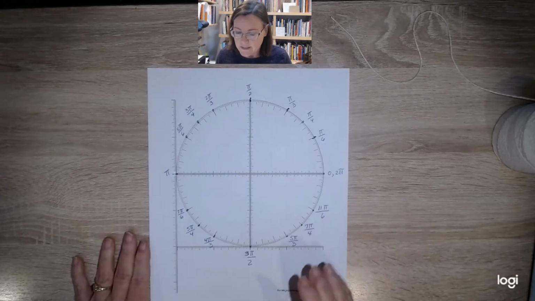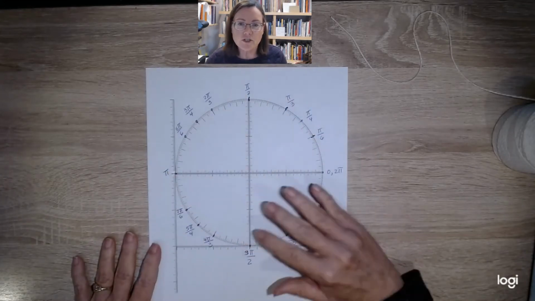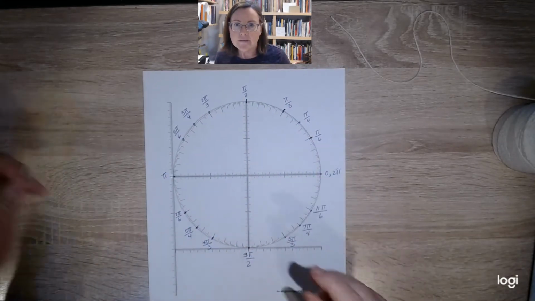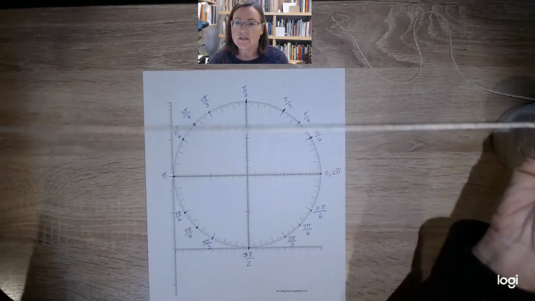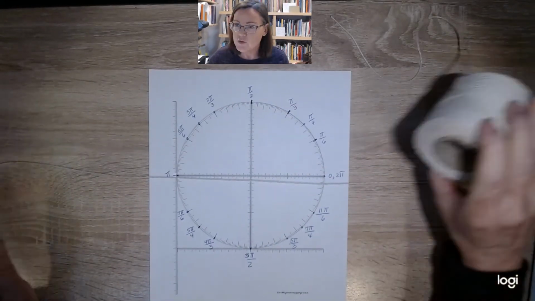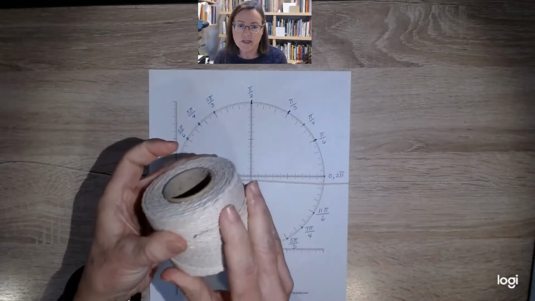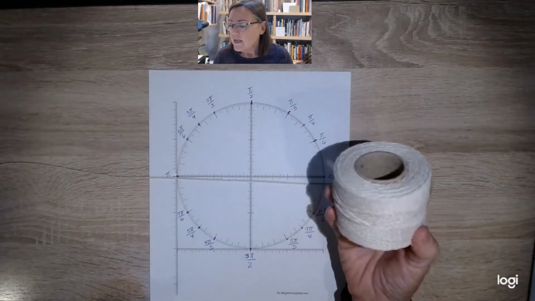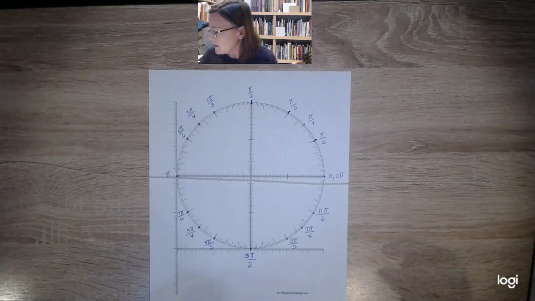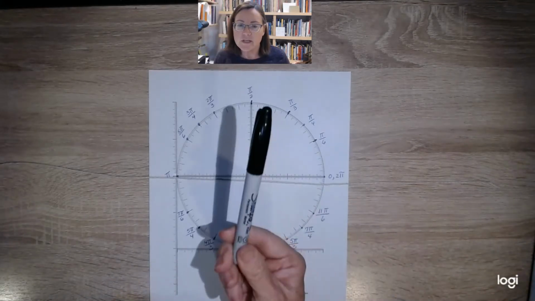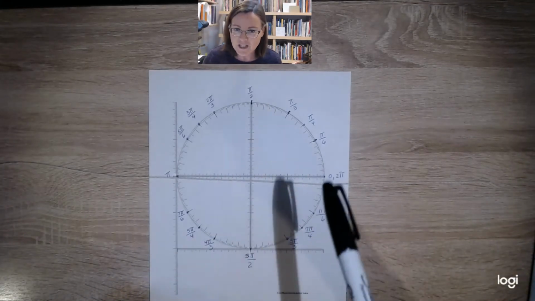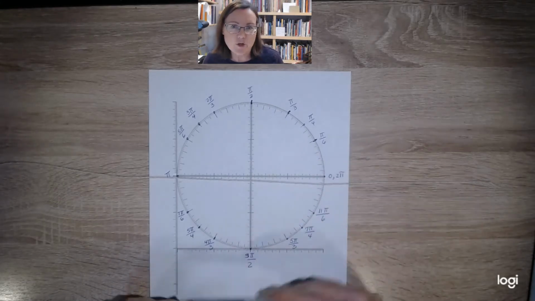All right. If you've done that, your circle should look something like mine. And at this point, we're going to do step 2. Step 2 is to take a length of string. I'm just using twine. This is really nice because it'll soak up your markings easily. But anything that you can mark works. I'm also using a Sharpie marker because it actually sinks in and shows the markings really easily.